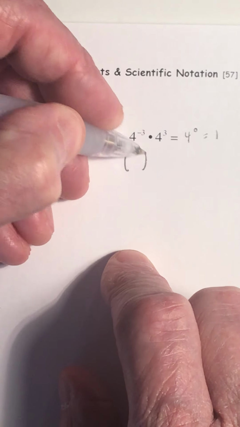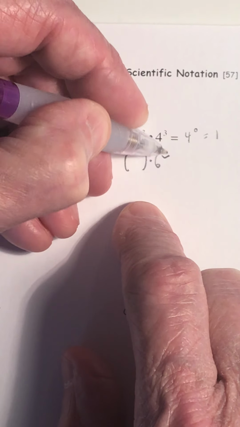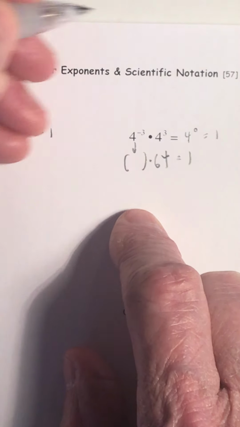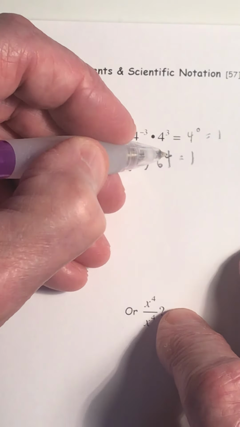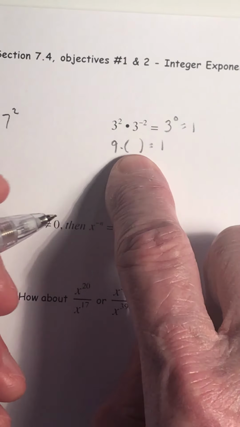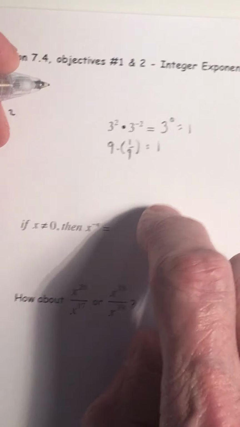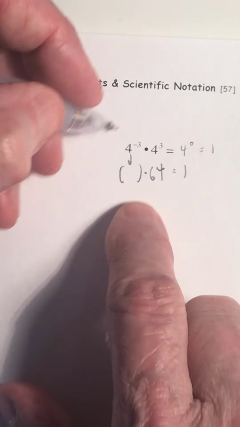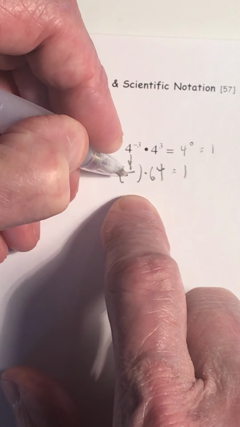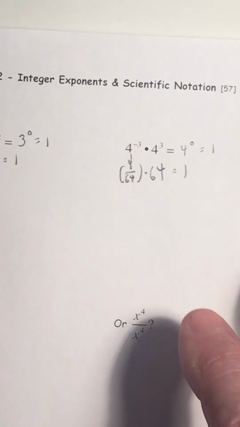So whatever this little thing is, when you multiply it by 64, you get the answer 1. So, got an idea yet? 9 times 1 over 9, 9 ninths makes 1. If this was 1 over 64 here, 1/64 times 64 equals 1.